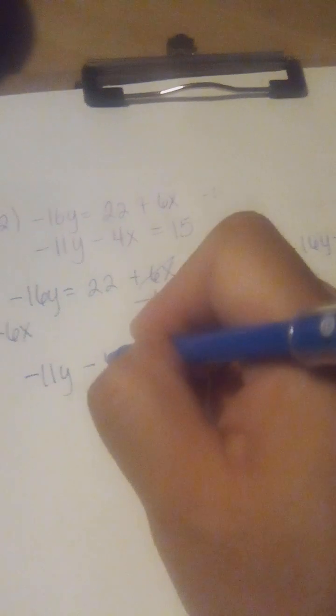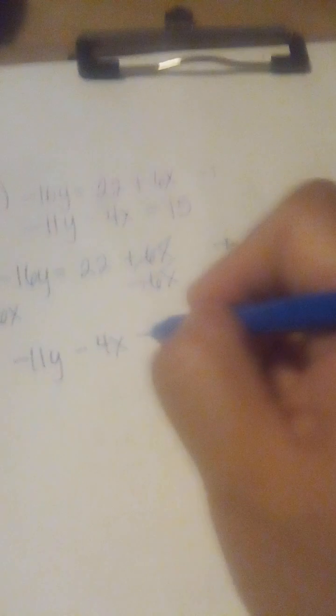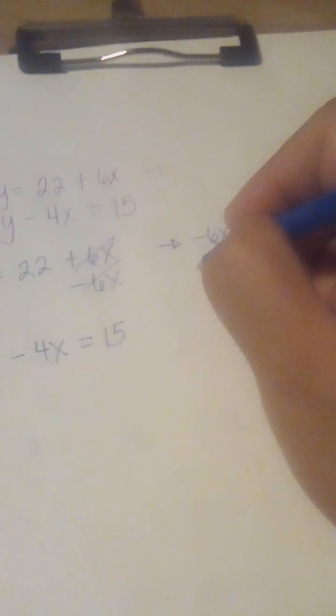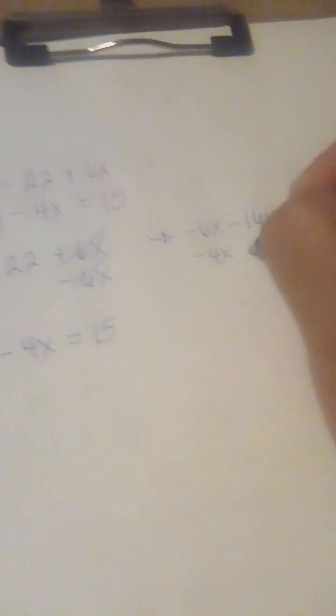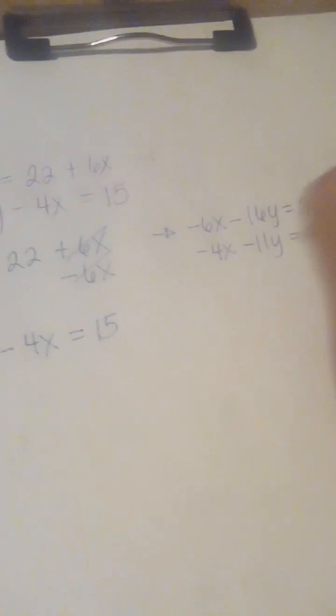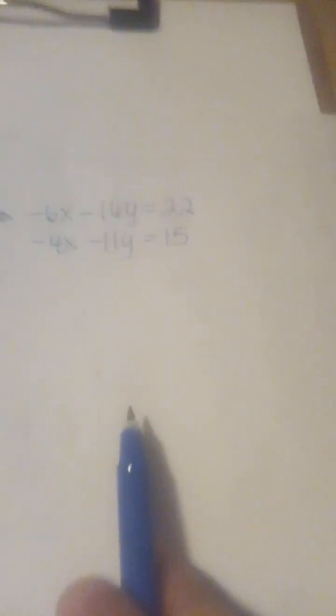And then you do the same thing here, almost similar. What we're going to do is just flip it over. So we have negative 4x minus 11y equals 15. All right, just flip it over.